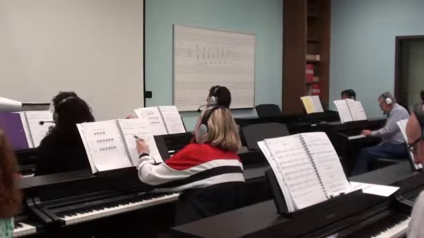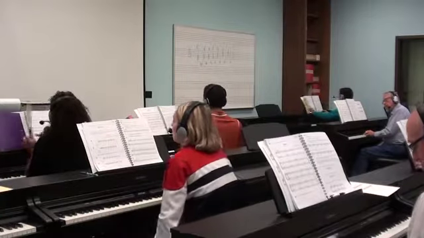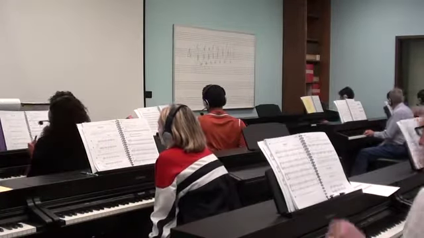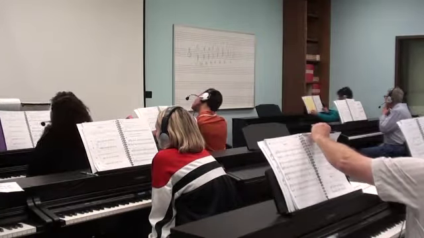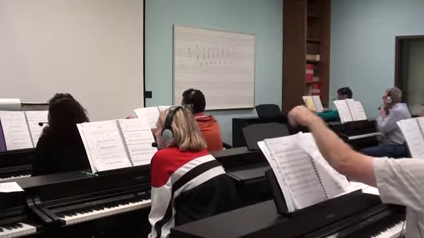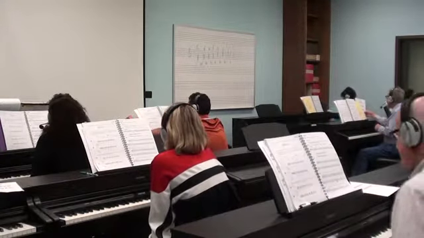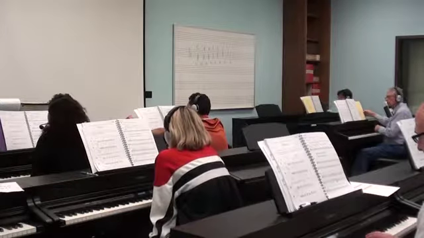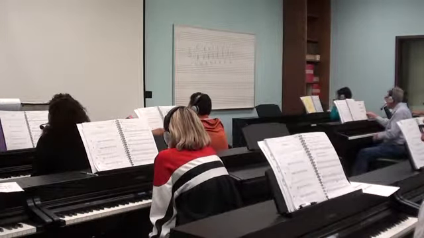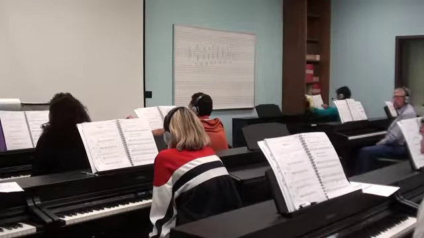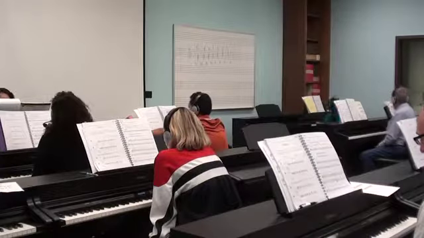Alright, so turn over to page 55. We're looking at item C. That is Brighton. Notice that has 1 sharp, so we're in G major. And just for a second, we're going to put the chords on the back burner. We're going to play that melody.